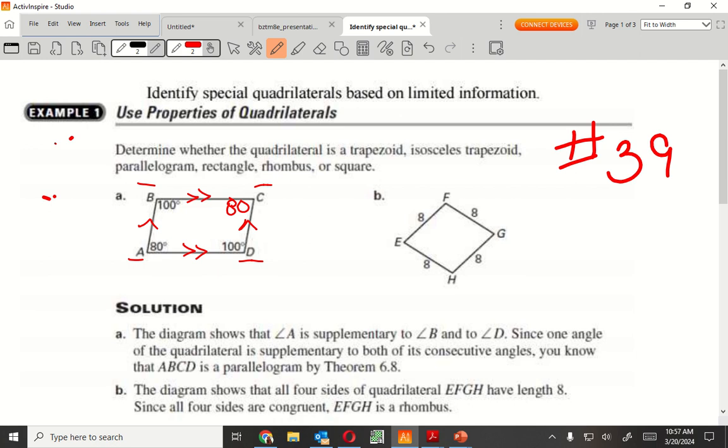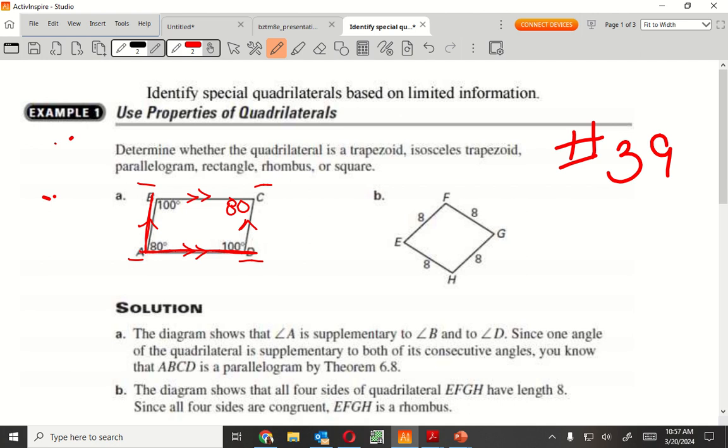Does this one have 4 congruent sides? Does it look like the measurements of the sides are the same? No. Why? Is AD the same size as AB? No, it's not. So therefore it's not going to be a rhombus. All 4 sides are not the same.